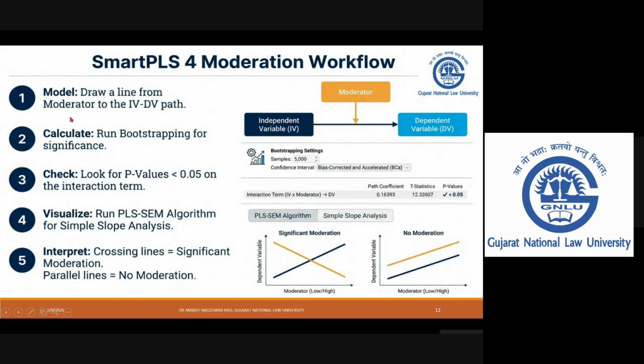So, what we have done so far, we are able to get the relationship between the independent and dependent variable, and we also looked at to what extent the moderator is going to influence it. Now, when you look at the simple slope analysis, if you are seeing parallel lines, it means the moderator is not having influence.